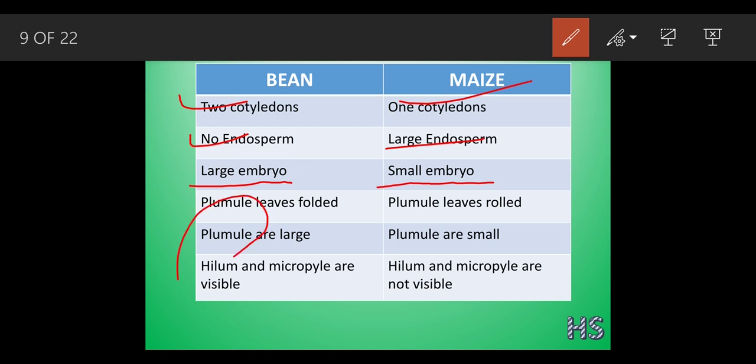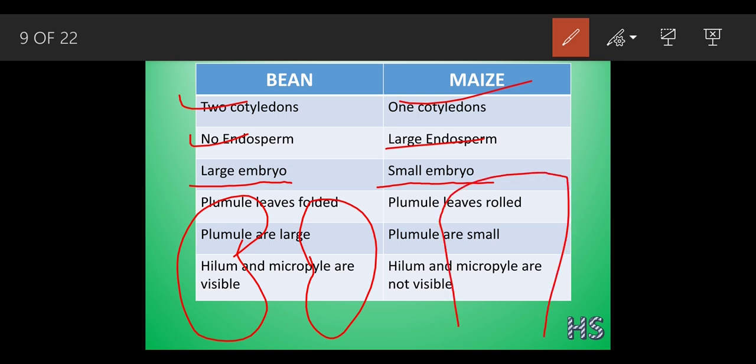The whole part of the bean is the embryo, but inside the maize, only this small part, where the coleorhiza and coleoptile are, is the embryo.